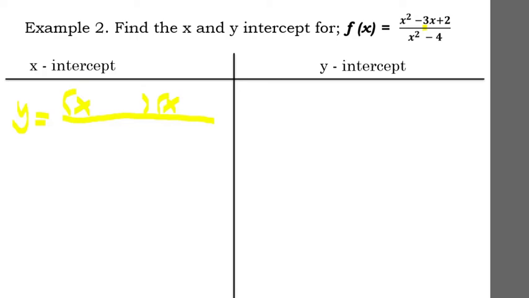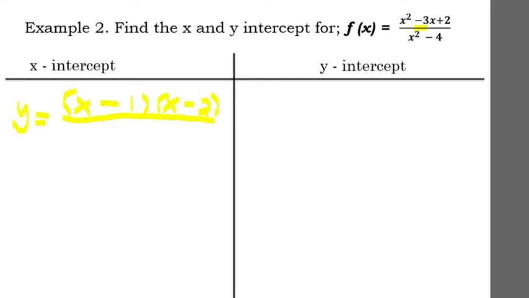Factors of 2, you have 1 and 2. We are looking for the factors of 2 whose sum is negative 3. What must be the sign? It should be negative 1 and negative 2, because negative 1 plus negative 2 is equal to negative 3.